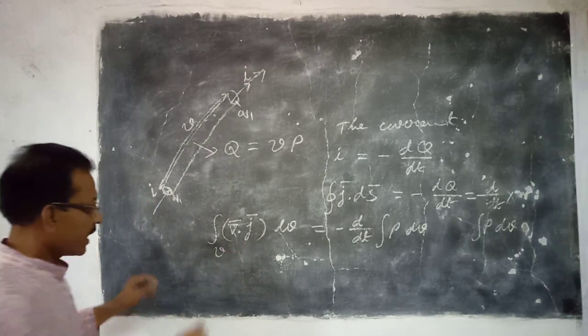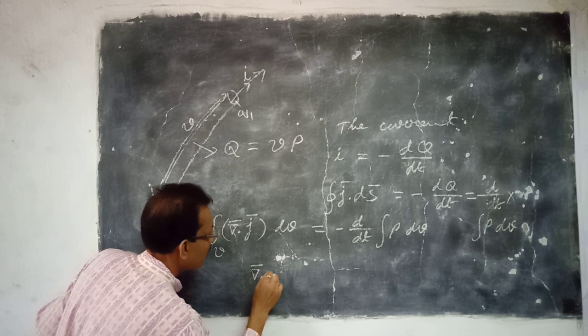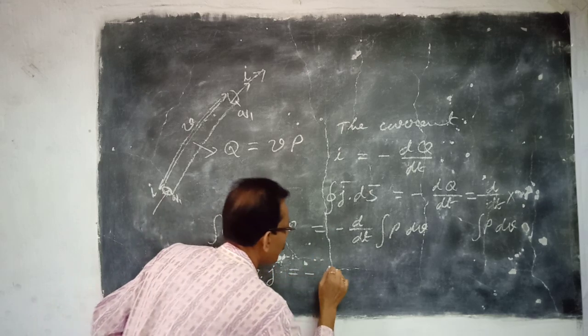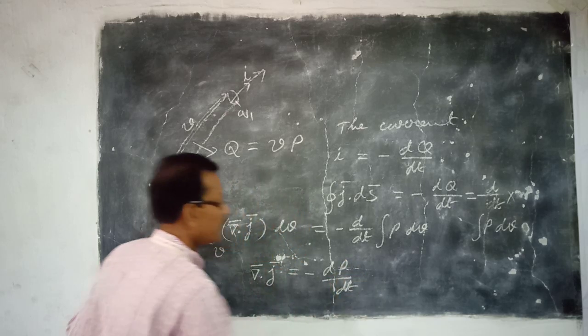So therefore, we can write the same volume integral. So we can write divergence of J is equal to minus d rho dt.